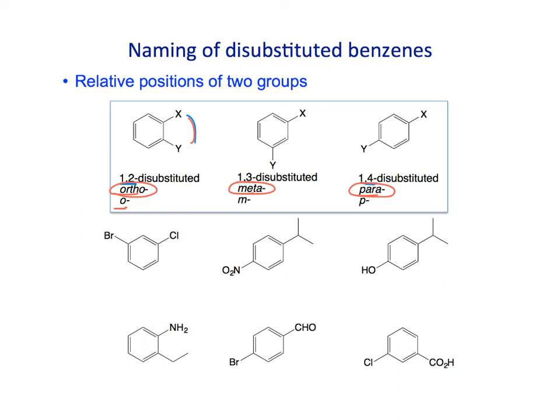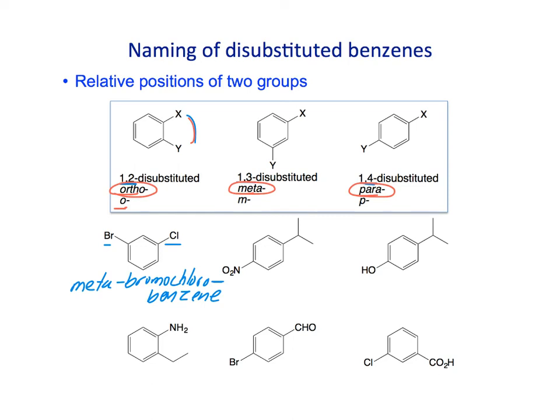This has a bromo and a chloro, so we could say meta-bromochlorobenzene, all in one word, but I can't fit it. We don't have to give it a 1 or a 3. We just list them in alphabetical order.